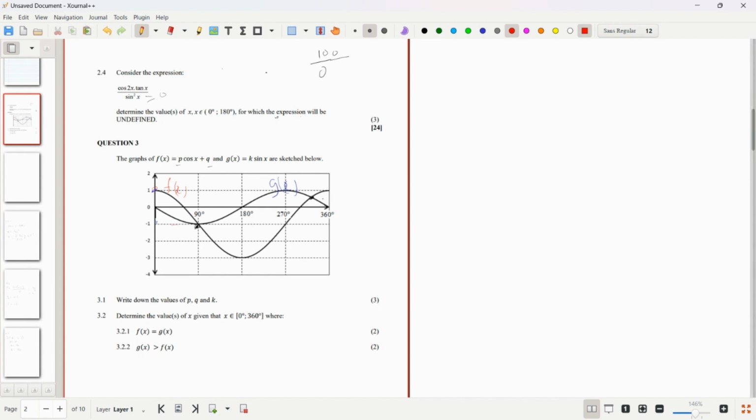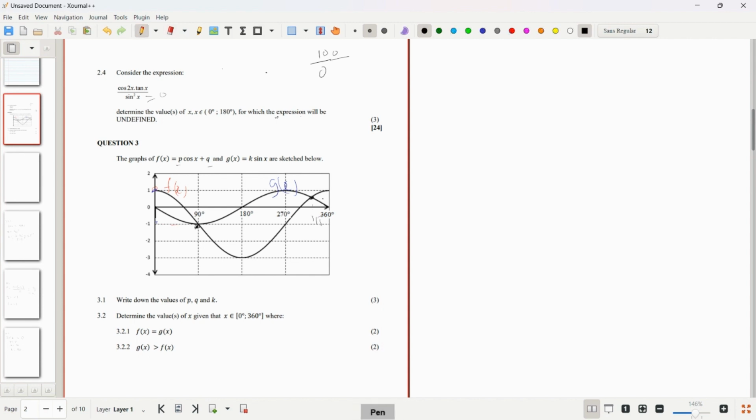Let me write 315 here. So the big question, will 90 and 315 be included in this interval for which g of x is greater than f of x?